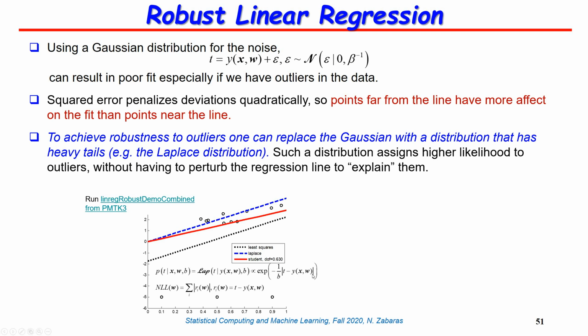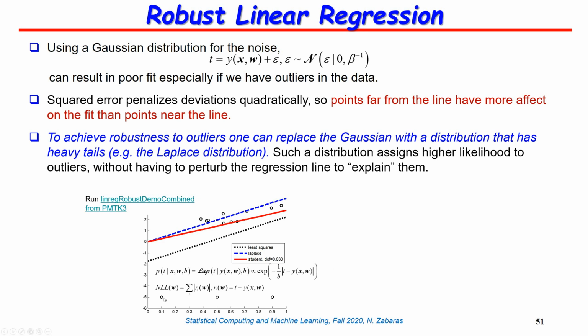I'm writing here the Laplace distribution. You notice that instead of a quadratic, you actually have just the absolute value. All of these distributions are distributions with heavy tails, and the result of these distributions, the way we discussed earlier, is robustness.